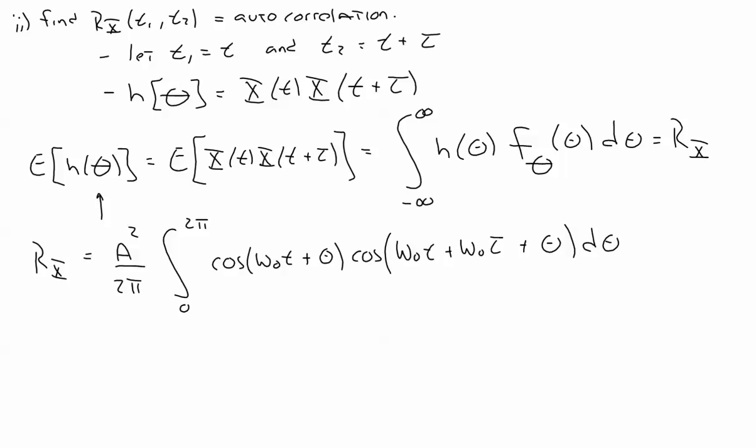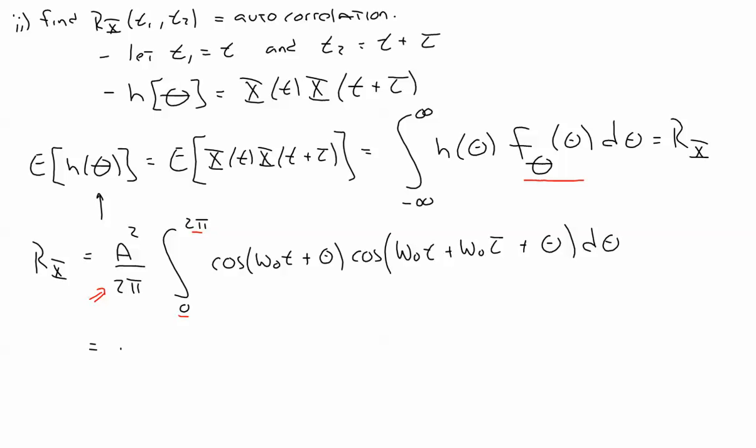All right, so 1 over 2 pi right there is my probability density function for random variable theta, and it has value between 0 and 2 pi. And then what I've done is I've multiplied x of t times x of t plus tau. All right, let's perform this.